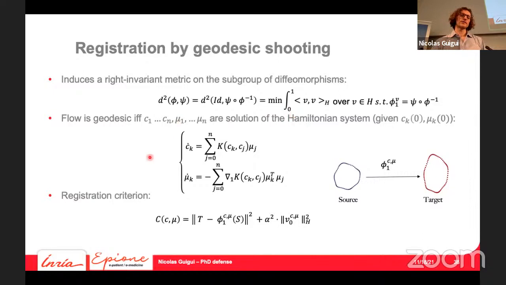And results show that the flow of a velocity field is geodesic if and only if the control points and the momentum vectors are solutions to this Hamiltonian system of equations, meaning that given initial conditions, we can integrate those flow equations to compute the velocity field and integrate the flow equation to compute a deformation.